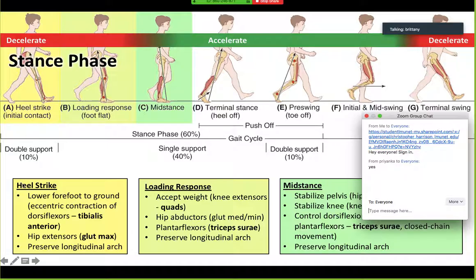So for example, during the heel strike phase, you're engaging the anterior compartment of the leg and then also the hip extensors. And then in the loading response, you're engaging the anterior compartment of the thigh and then the posterior compartment of the leg.